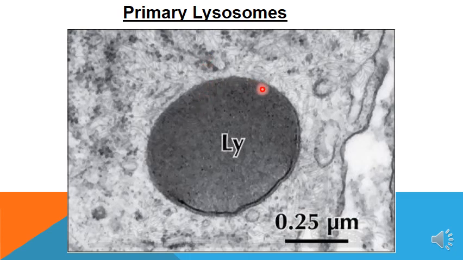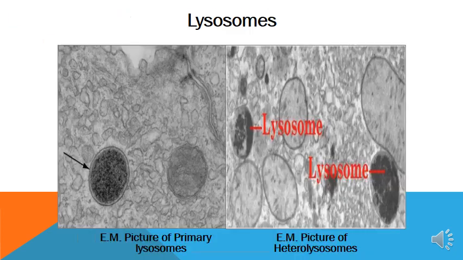The first lysosome, which comes from the Golgi apparatus and isn't involved in any digestive event, appears as a homogeneous electron dense circle surrounded by a single membrane. This is called the primary lysosome. Also, this picture contains the primary lysosome, a homogeneous electron dense circle surrounded by a single membrane.